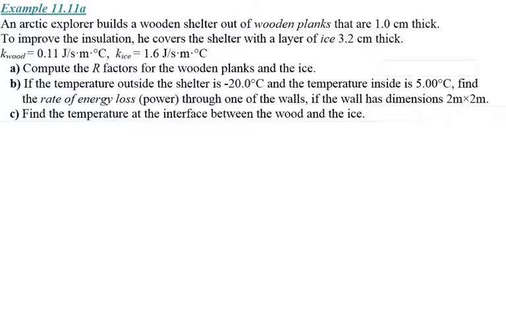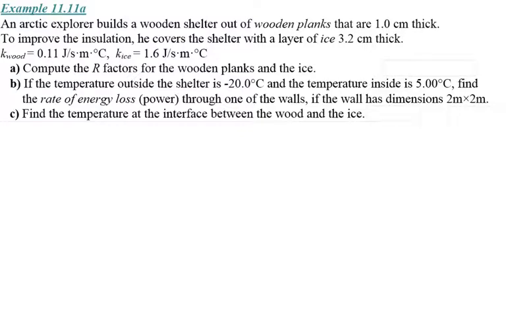So they call it the R factor. And if the temperature outside the shelter is negative 20 degrees Celsius and the temperature inside is 5 degrees Celsius, find the rate of energy lost through one of the walls if the wall has dimensions of 2 meters by 2 meters, so a 4 meter squared area. Find the temperature at the interface between the wood and the ice.